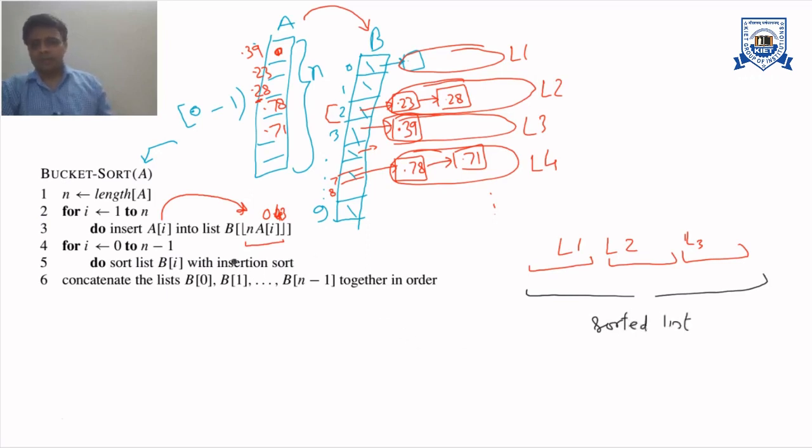Now, why insertion sort only? Since we are getting limited data in each bucket, if we perform insertion sort, then with some mathematics we could see that insertion sort with some constraint could be performed in linear time. It is not direct, because we know the complexity of insertion sort is O(n) in the best case and O(n squared) in the worst case.